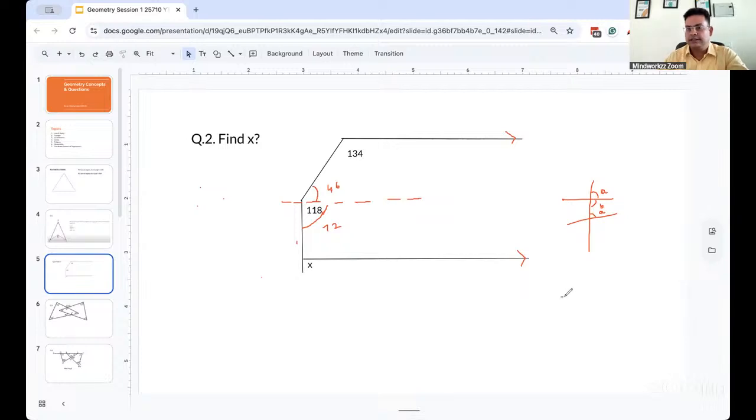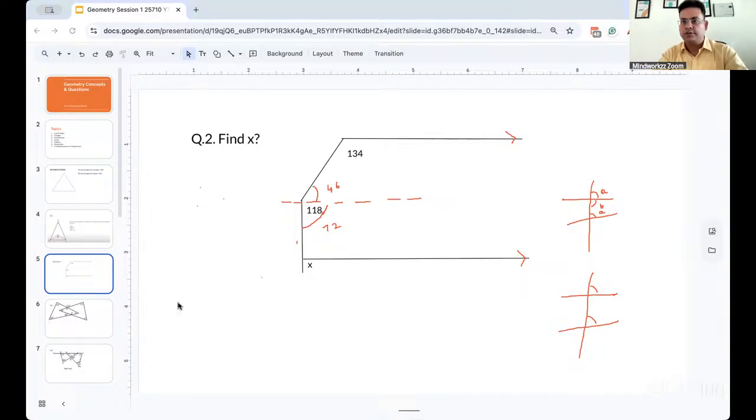We know this, right? Corresponding angles are equal. So this and this will always be equal. So x is what? 72 degree. I hope this is clear. No doubt so far.